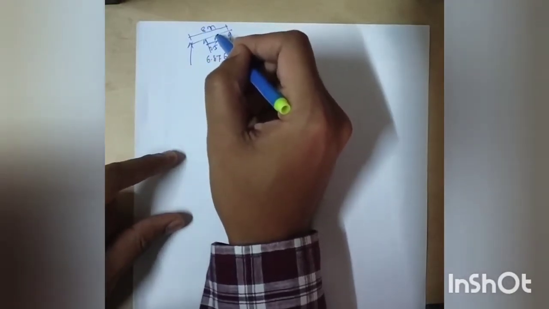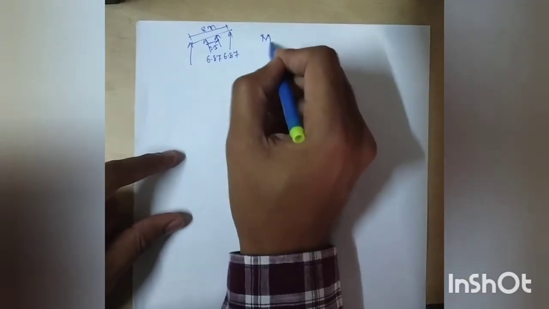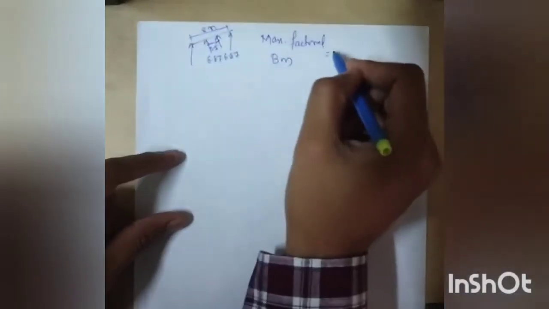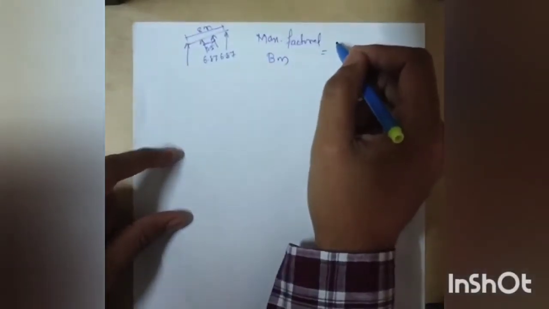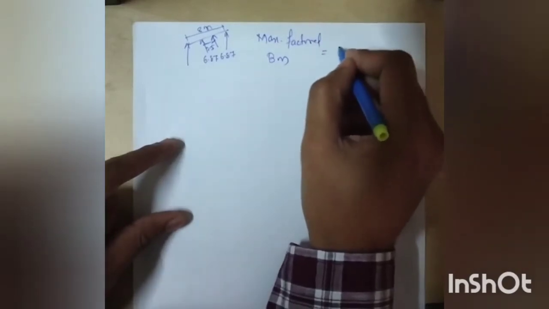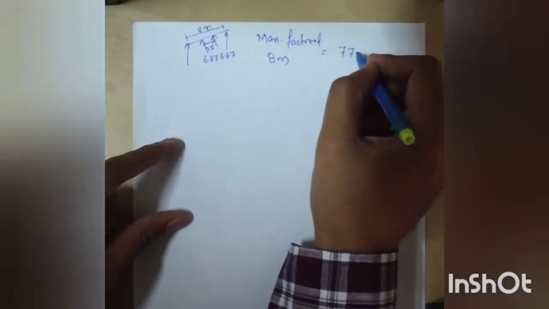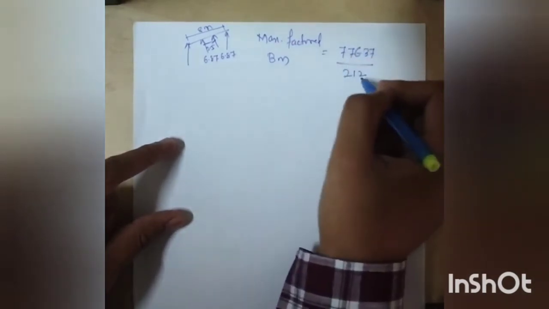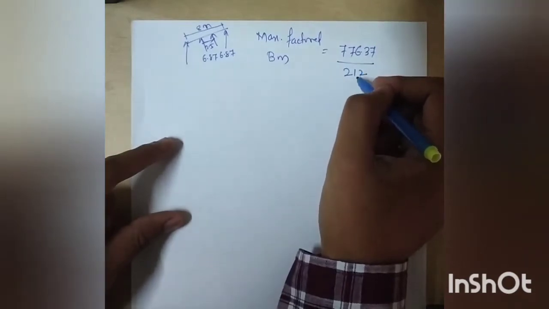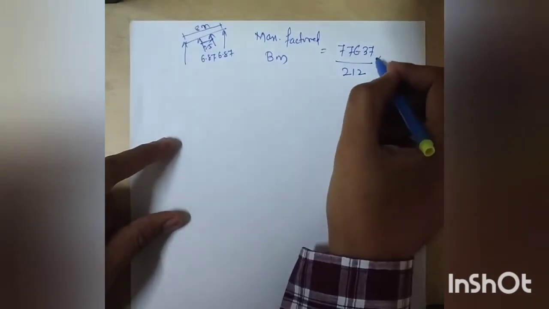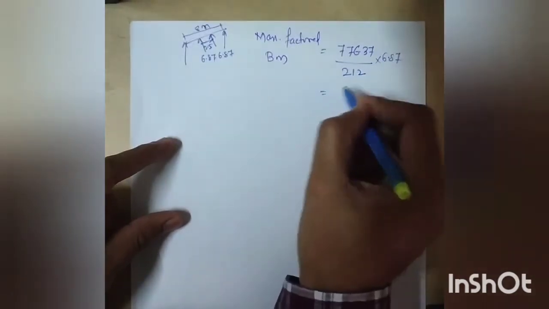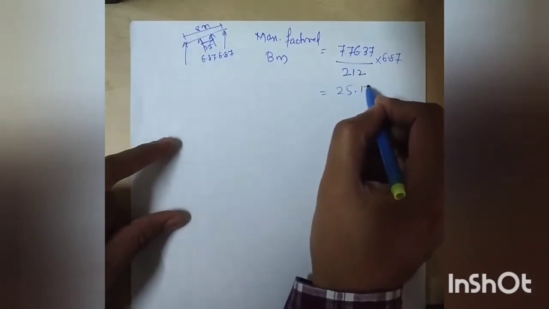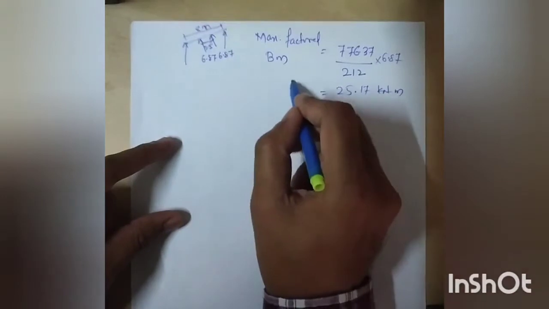So the maximum factored bending moment will be the bending moment of the vertical load, 776.37, divided by the vertical load 212, multiplied by the horizontal load, which we will be getting as 25.17 kilonewton meter.